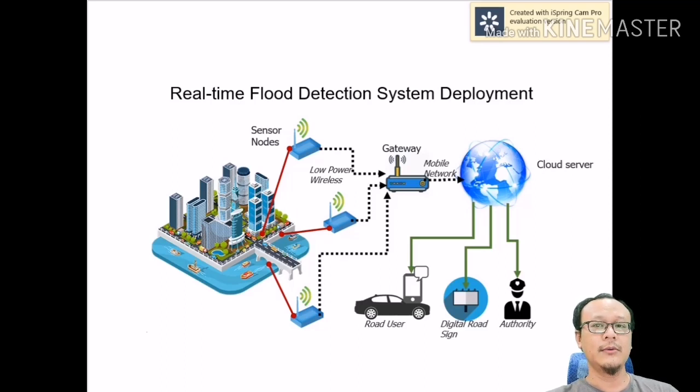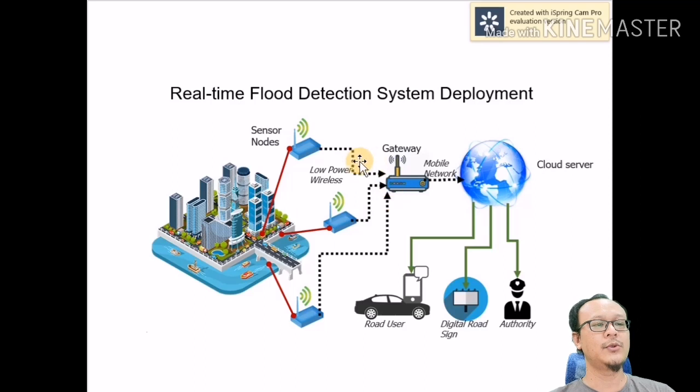So the data we need to store. The best thing is to store it in an IoT platform database because it's easier for us to monitor and also to analyze the data retrieved from the sensors. From this diagram, we have a sensor node placed at the river.